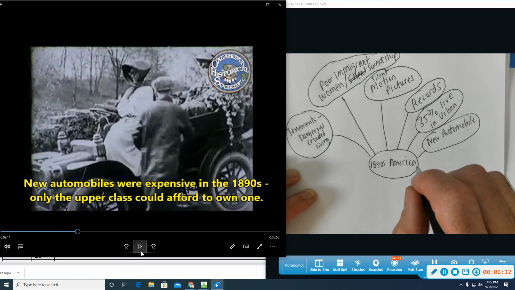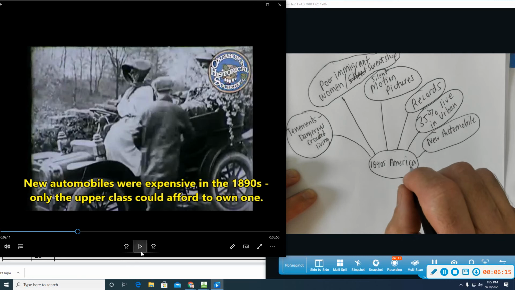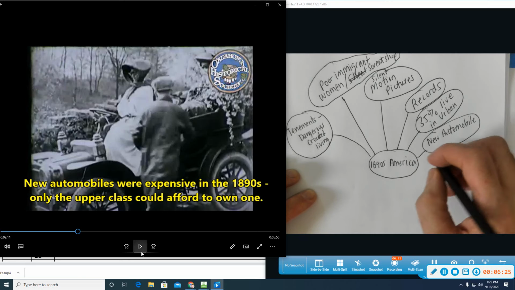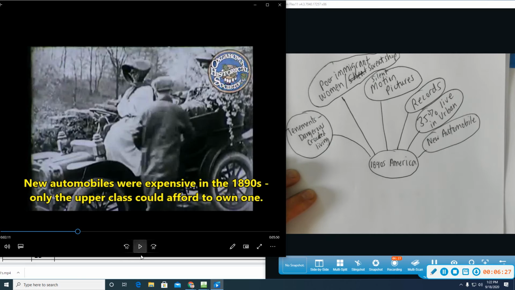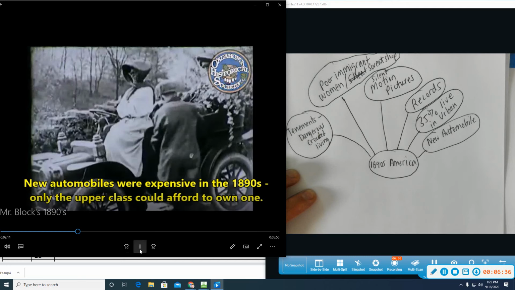A lot of people think that. He created the system of making them to bring down the price. What is it? The assembly line. We're going to learn about that later. But in the 1890s, he's not going to do that until 1913. So right now, it's only for the rich. Check out this car.